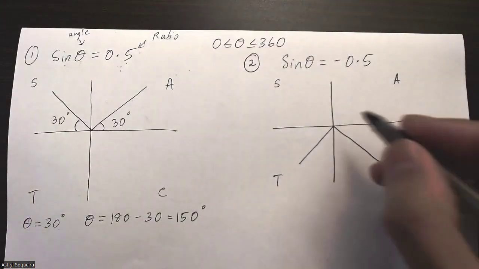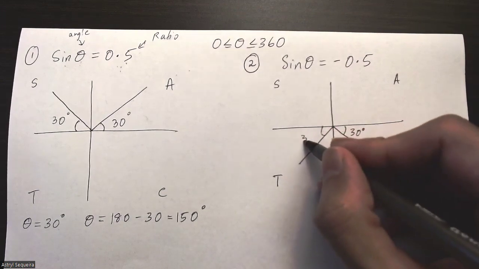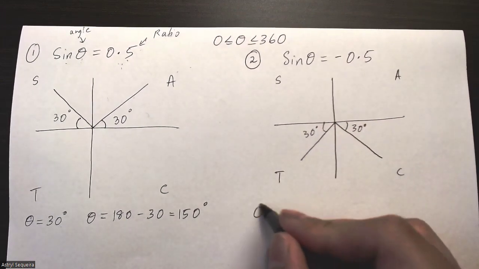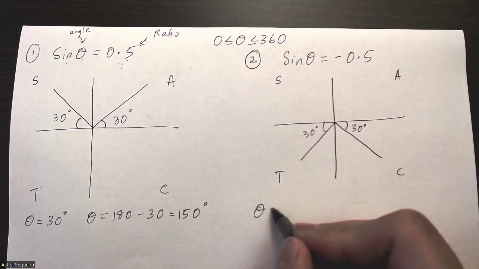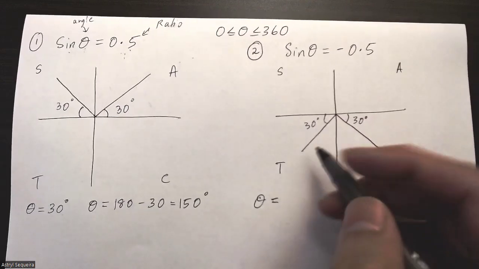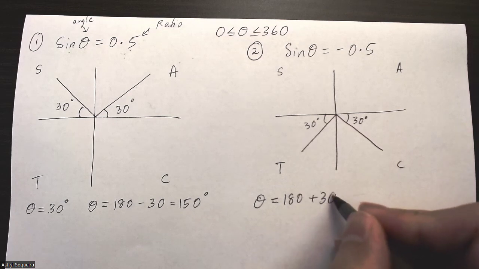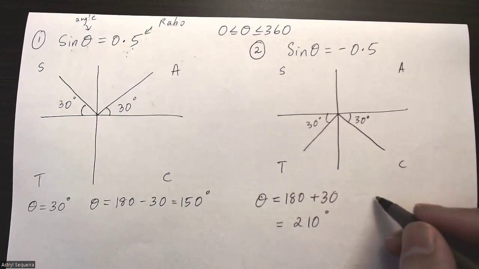The acute angles are both going to be 30 degrees because there's no difference in these two cases other than the negative. And then now my solutions are in the third and fourth quadrant. If you remember from that rule earlier, I'm not going to show that paper again. I'm in the third quadrant, theta equals 180 plus beta, which is 210 degrees.